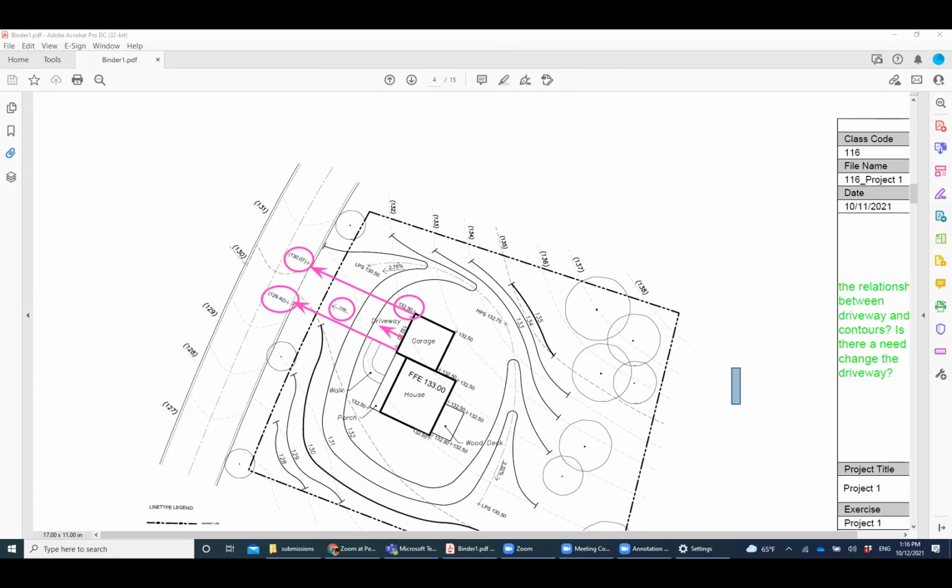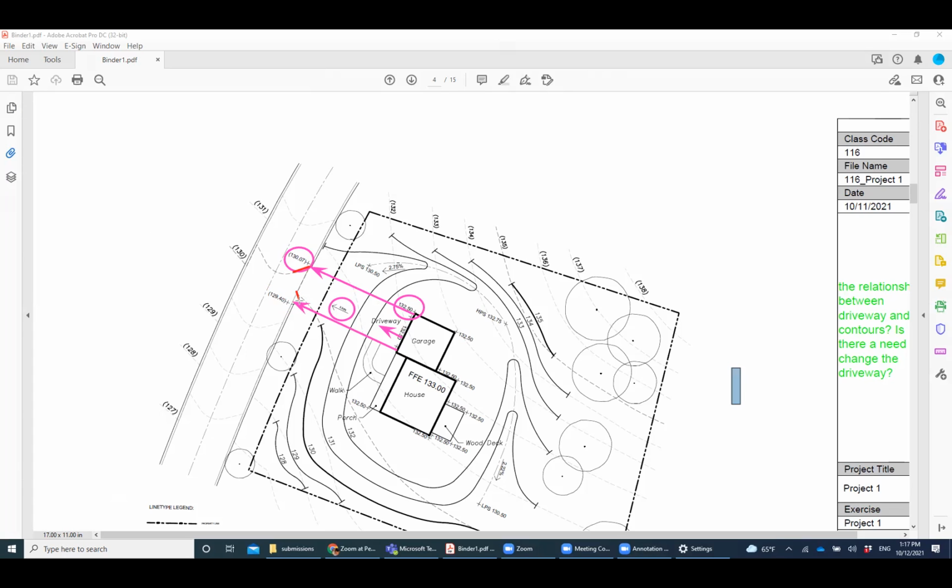Previously, because we had a curb, before the house was built, that's why your 130 goes like this. Now, because we are breaking the curb and putting in the driveway, there's no curb anymore, meaning that your 130 needs to start connecting from this point.